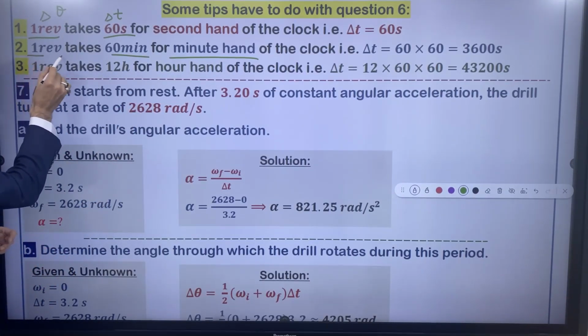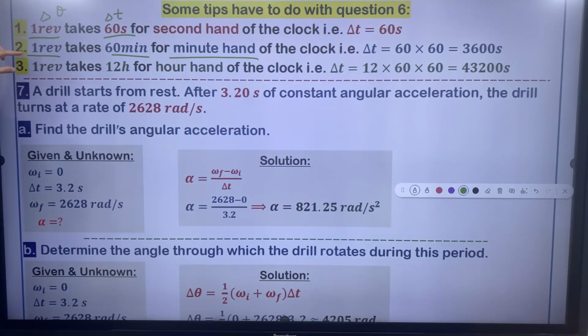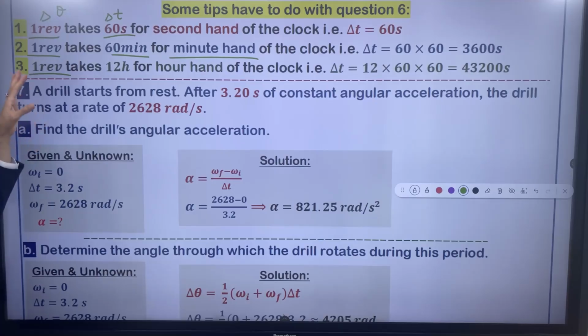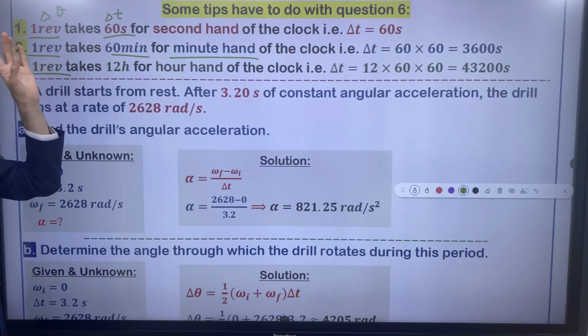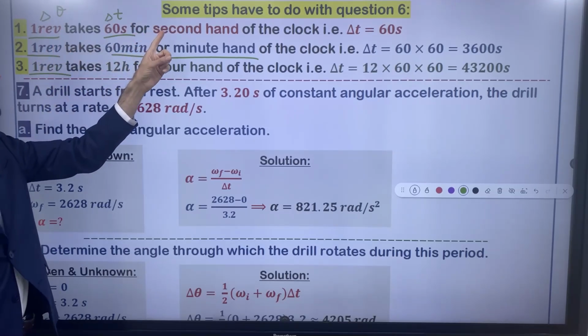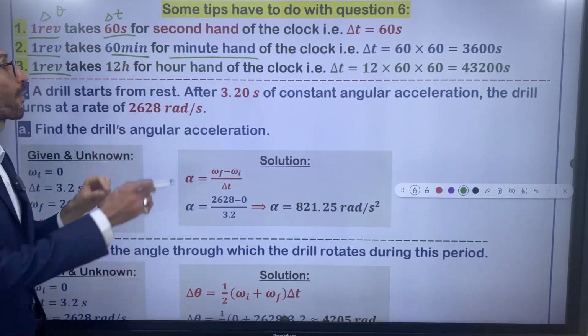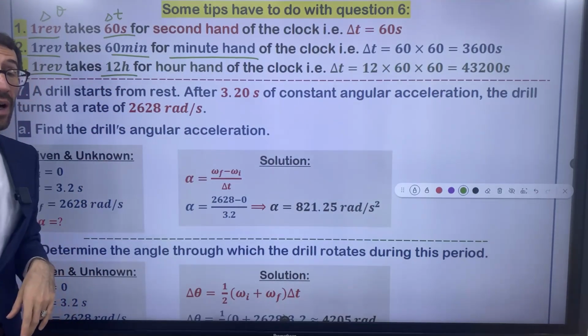Delta theta is constant, one revolution, whether you have the second hand, minute hand or hour hand. But delta t changes. Delta t for the second hand is 60 seconds, for the minute hand 60 minutes, for the hour hand 12 hours.